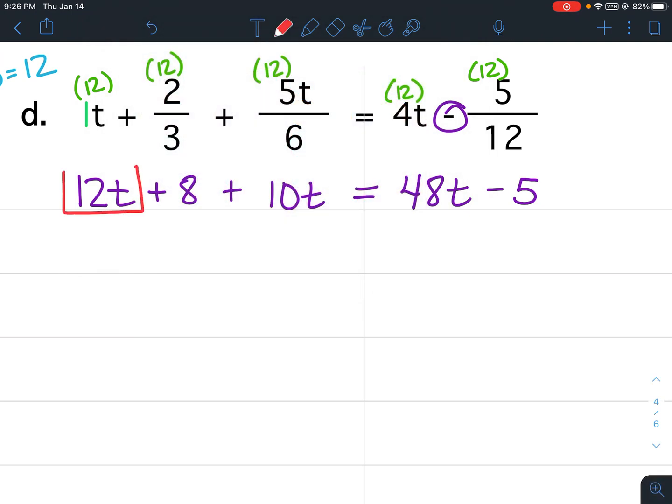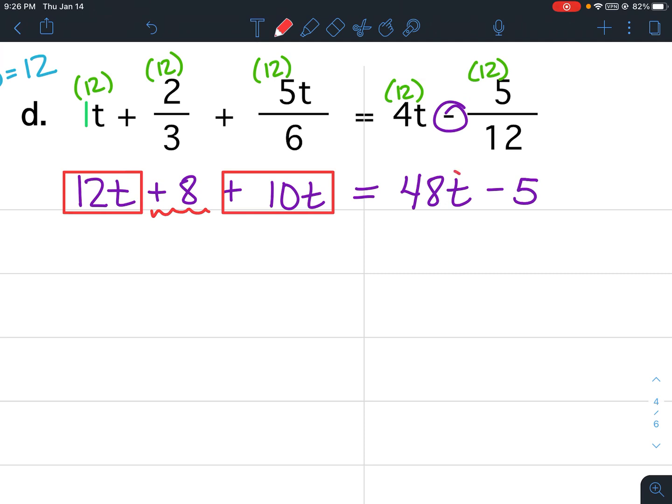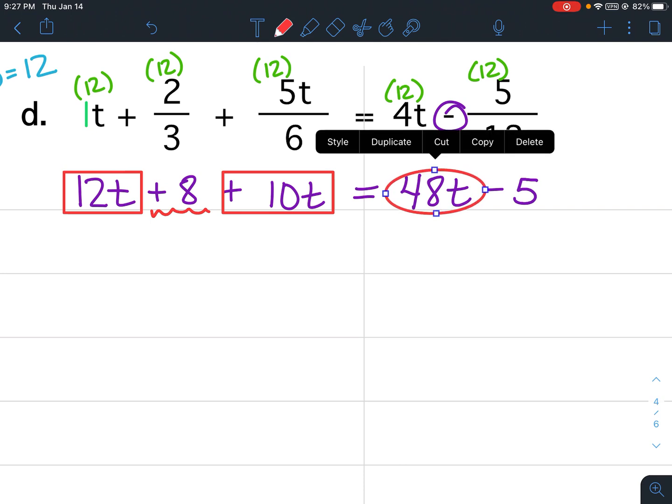I have 12t and 10t with a constant of 8, 48t, and -5. Nothing to combine on that side.